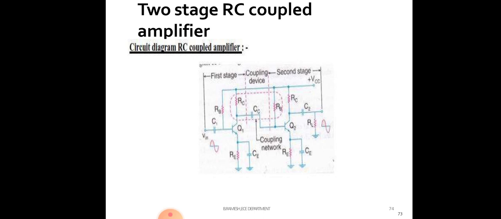Now the circuit operation. For a positive half cycle, IB current increases, because it is an NPN transistor, the P region is the base region, so we are giving positive potential to the base region, which means IB current increases.